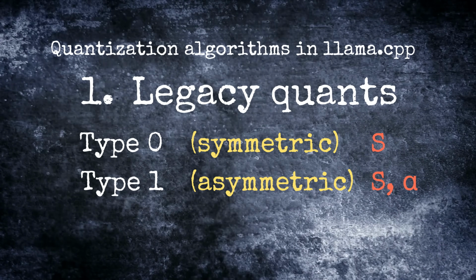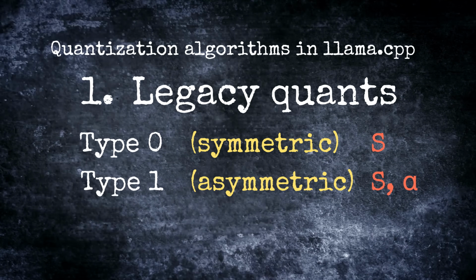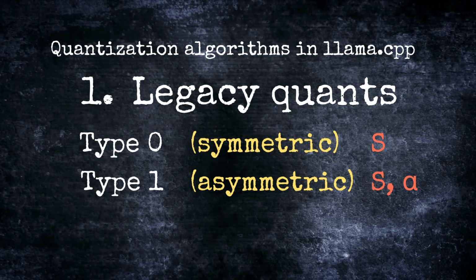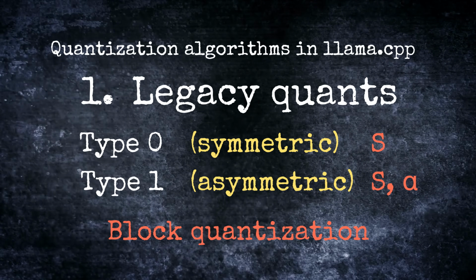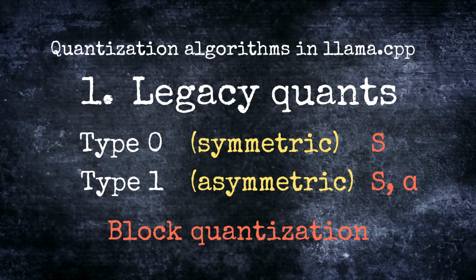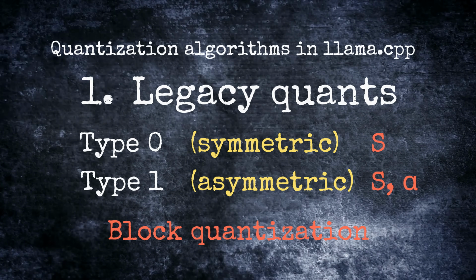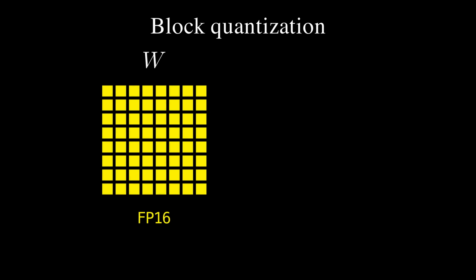In theory, we could have one per model or one per weight matrix. In practice, legacy quants use block quantization. That means one set of constants for each block of 16 or 32 individual scalar weights. Given a weight matrix W, we'll split it into fixed-size blocks.